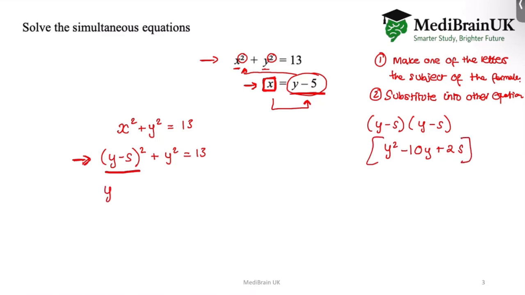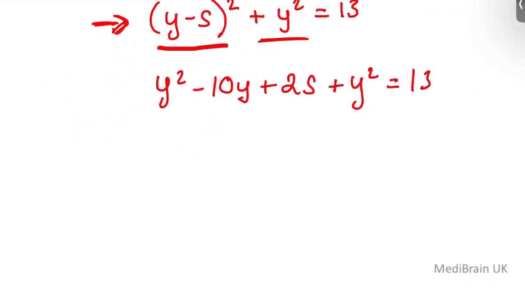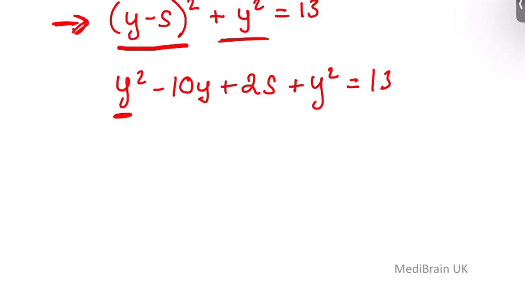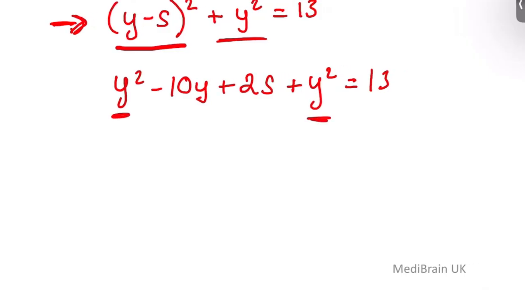And then we need to add the y squared, and it's equal to 13. Now we can do a bit of tidying up. We've got y squared and y squared, so both of them added together is 2y squared minus 10y plus 25, and it's equal to 13.